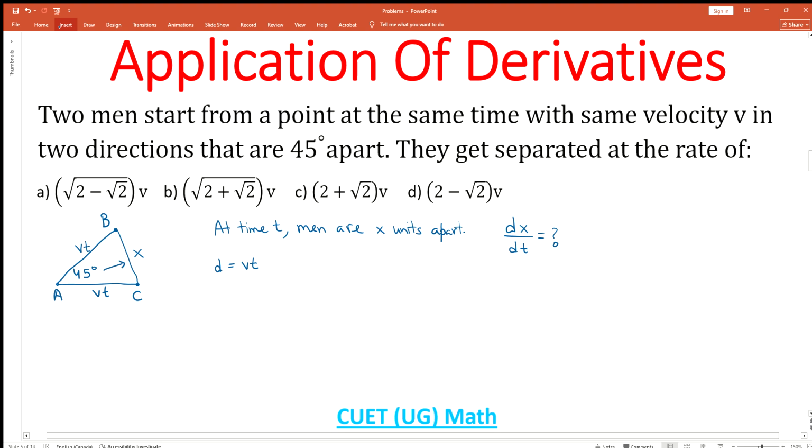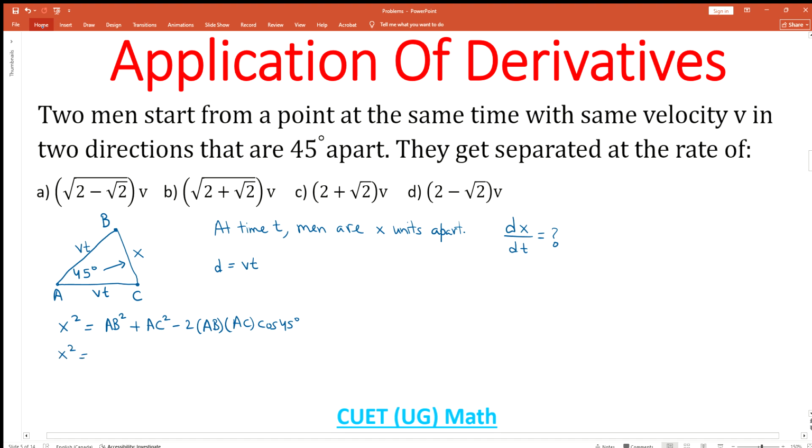So our equation is x squared equals the square of the length of side AB plus the square of the length of side AC minus 2 times the length of side AB times the length of side AC times cos of 45 degrees.